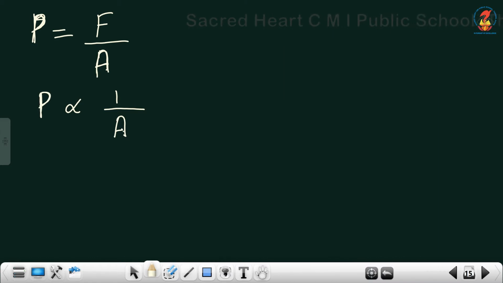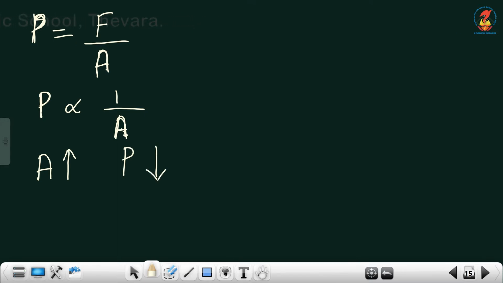Inverse proportion means if area increases, pressure will decrease. If area decreases, pressure will increase. Opposite action. That is the meaning of inverse proportion.